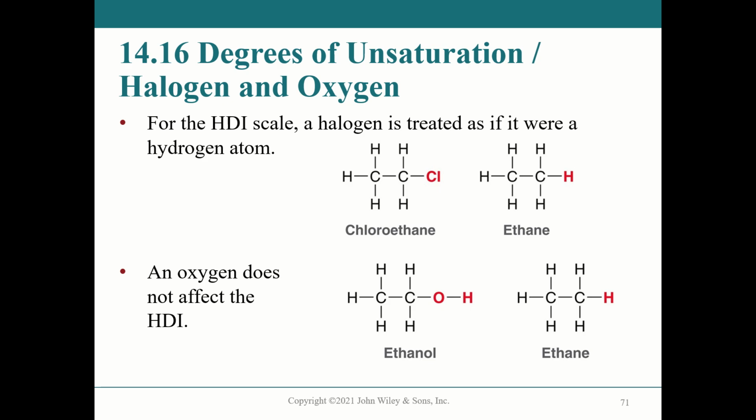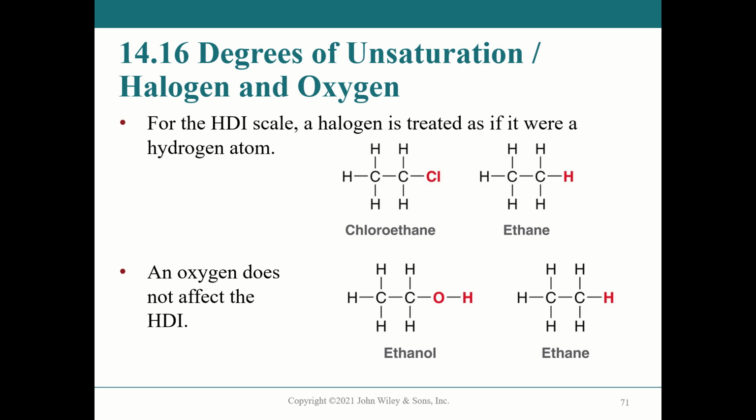For your hydrogen deficiency index or degrees of unsaturation, as you get beyond just carbon and hydrogen, other types of atoms can interact with the overall formula that we're going to use for degrees of unsaturation.